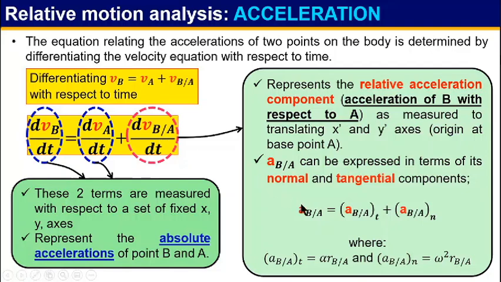Since ABA associates with tangential and normal components, we have to substitute these two terms inside this equation. So it will become AB equal to AA plus ABA tangential plus ABA normal.